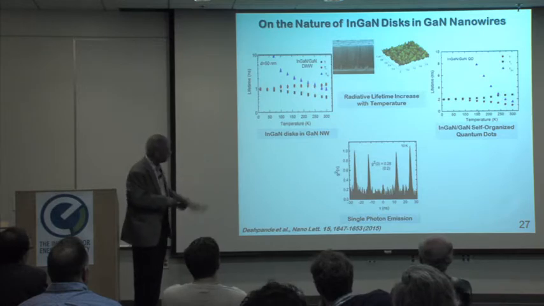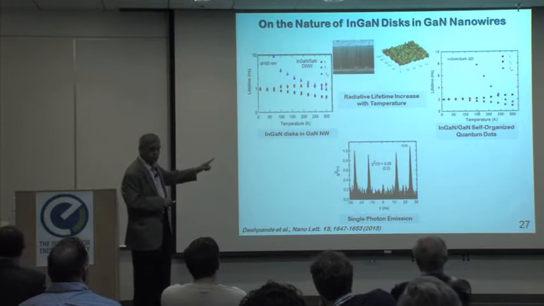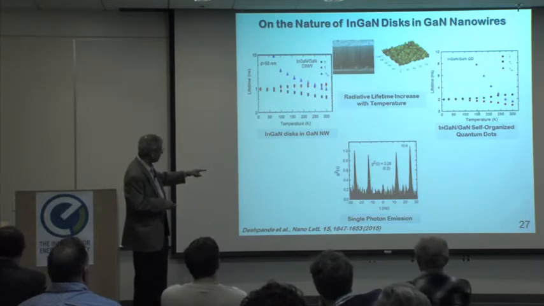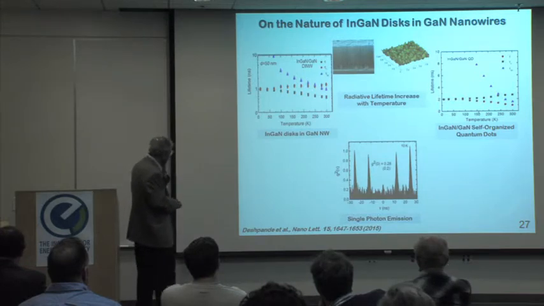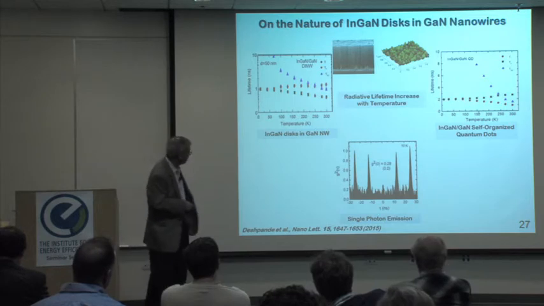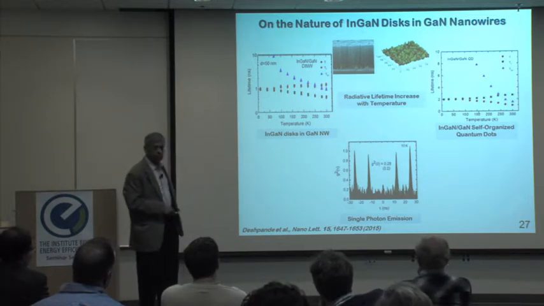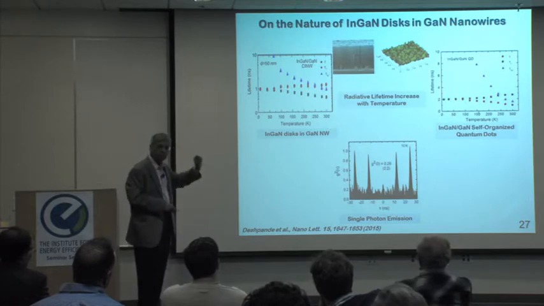This is a very abnormal behavior. We made a single photon source with a single InGaN disk in a single nanowire, optically excited, and did a photon correlation measurement with a Hanbury-Brown and Twiss arrangement. And here you see a clear anti-bunching behavior, which clearly shows that we have a quantum dot.